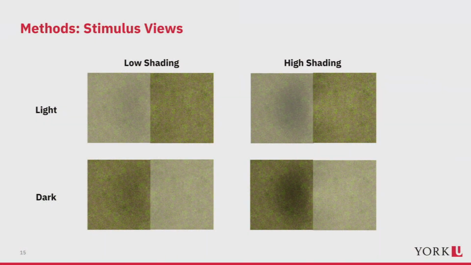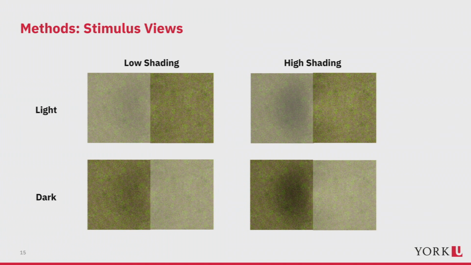Okay. So lastly, we once again have 4 terrain configurations, but here, light and dark refers to which half of the surface is rendered binocularly. So for example, for the dark condition, it is the half with the dark shading that's rendered binocularly, while the half with the light shading is rendered monocularly, which is why I have it slightly grayed out. We have the same predictions as I did for experiment 2.